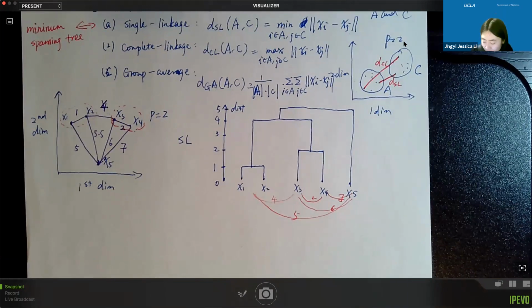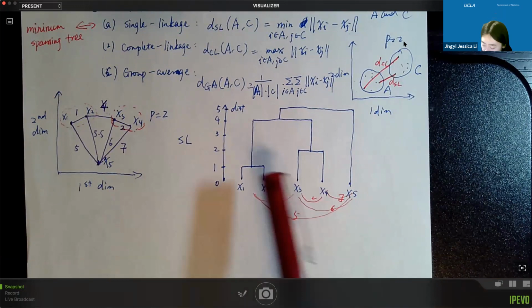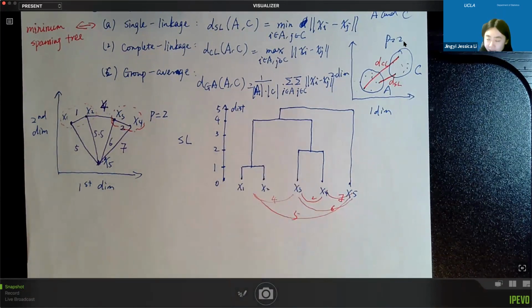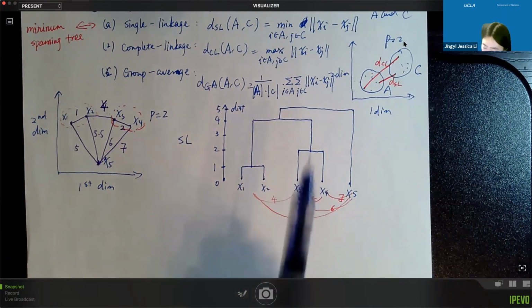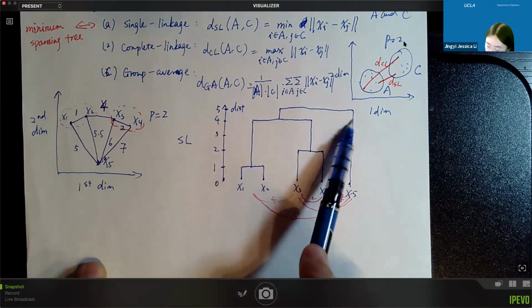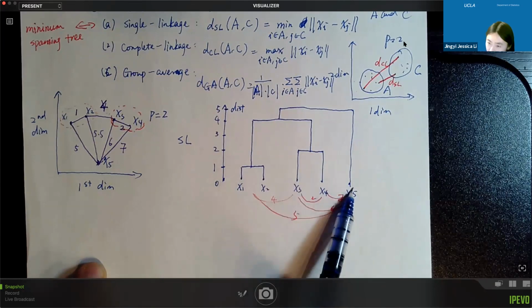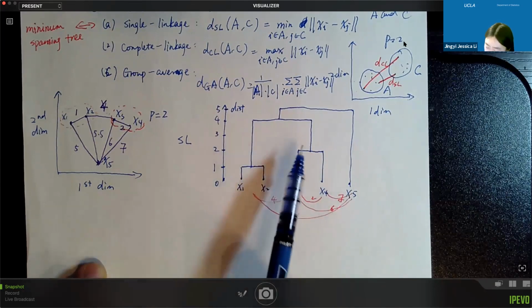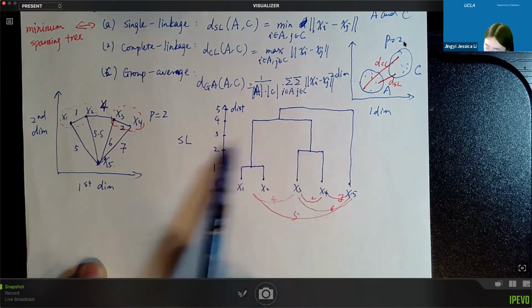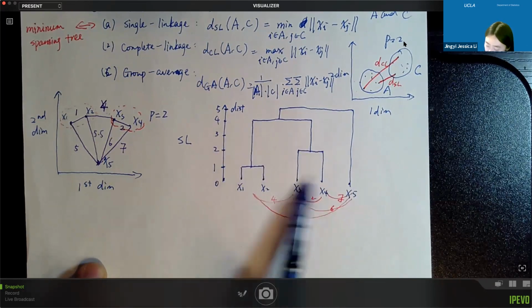You can see that at every merge, I reduce the number of clusters by 1. And depending on where I cut my tree, I can get a different number of clusters. If I cut the distance between 4 and 5, I will get 2 clusters, these and the singlet. If I cut between 2 and 4, I'm going to end with 3 clusters, this, this, and this.